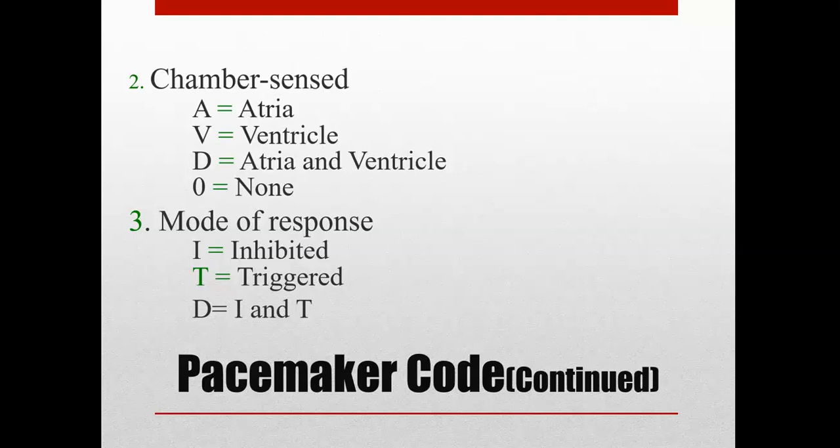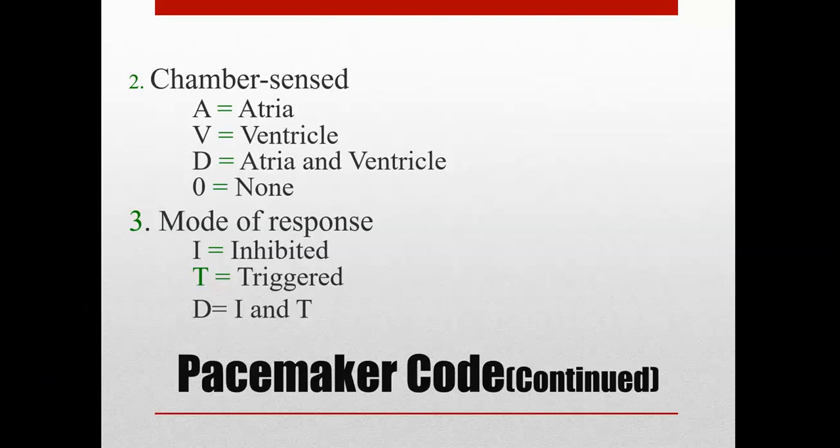Chambers sensed in position 2: A is atria, V is ventricle, D is dual, atria and ventricle, so double, both, and then 0 is none. Position 3 is different. It's the mode of response. I is inhibited, T is triggered, and then D is dual, or both I and T, okay?